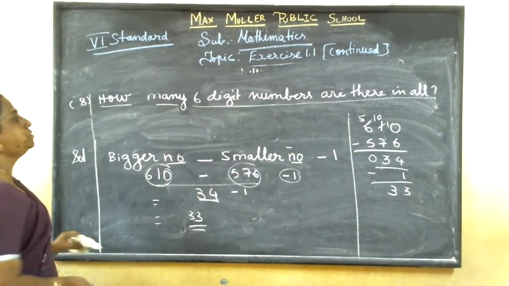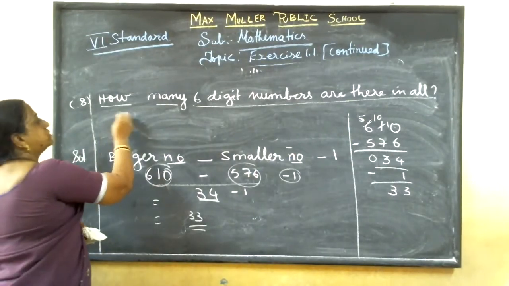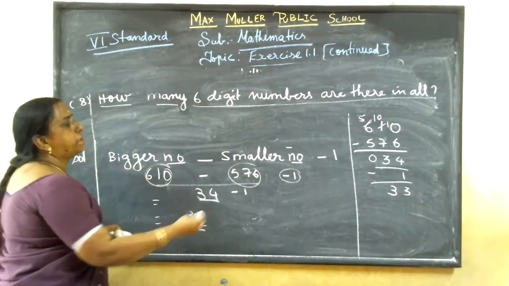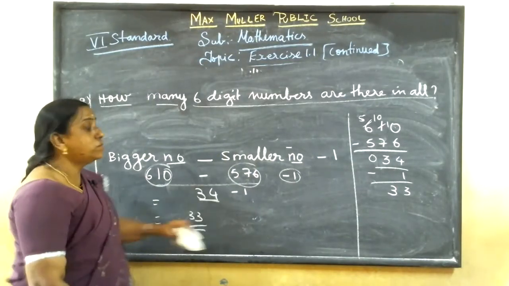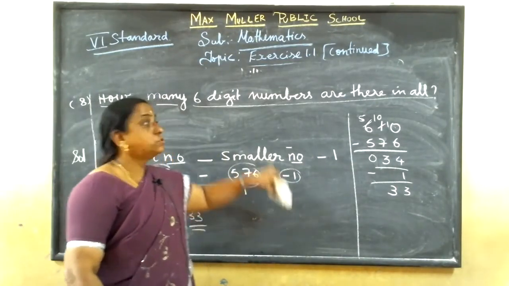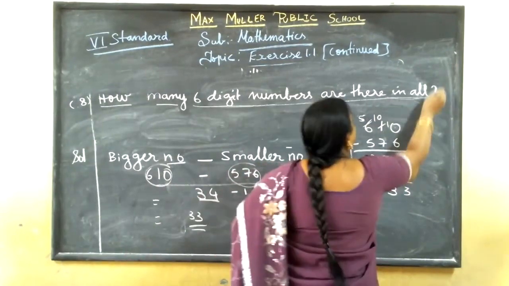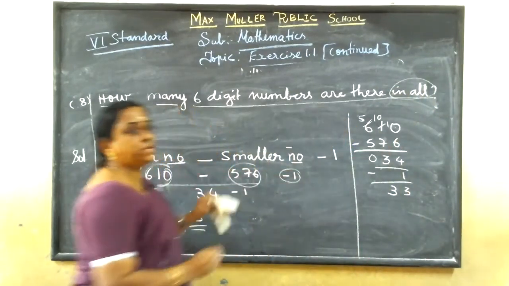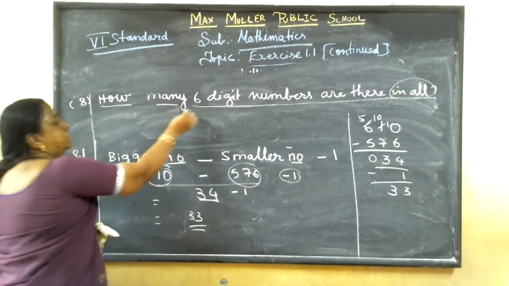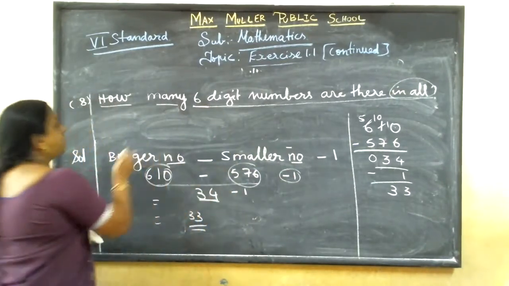For that, what you should do? Largest 6-digit number minus smallest 6-digit number. Then what you should do? Add 1. So here they asked in all, total. Earlier it was only in between, understand? So here you should find out the 6-digit numbers.